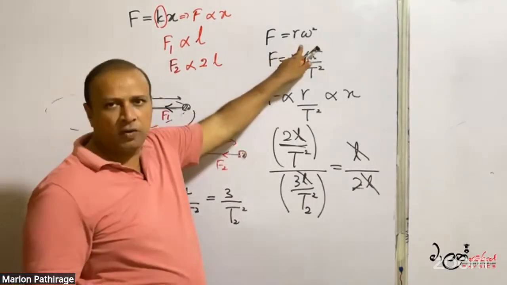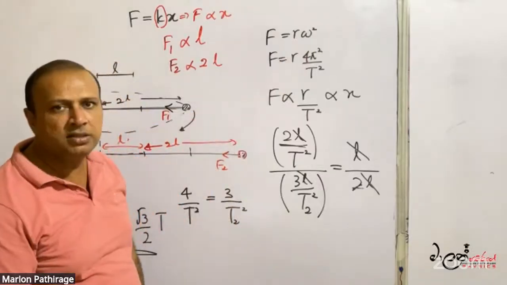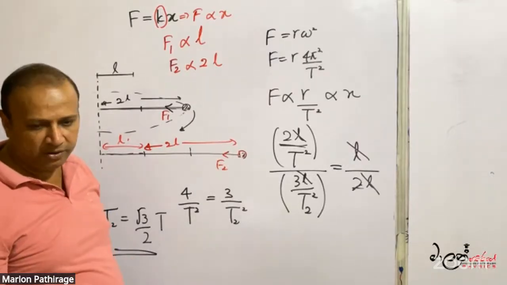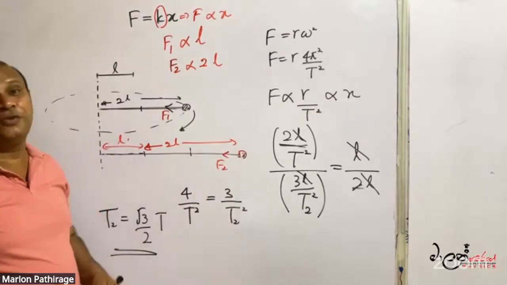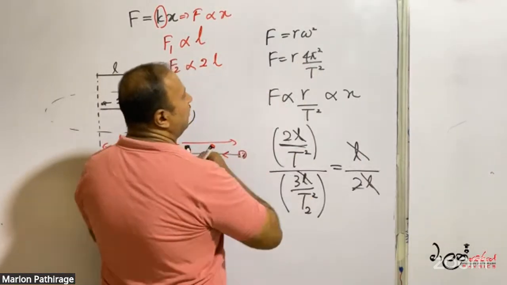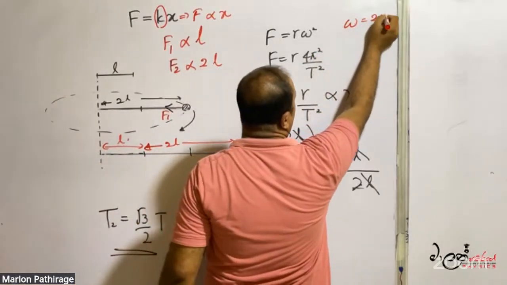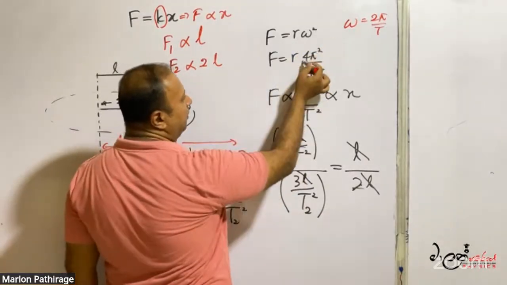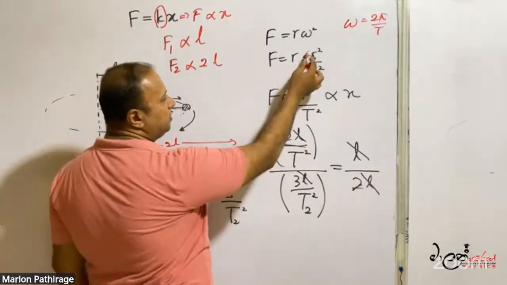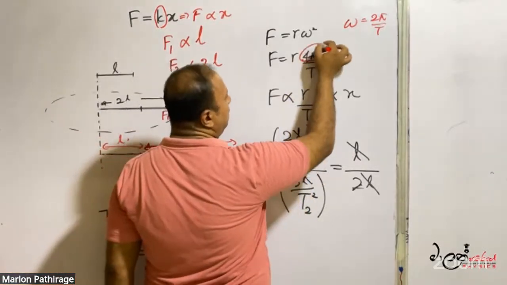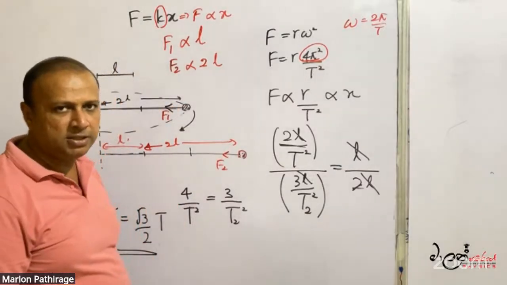Instead of writing omega squared, I can write the square of 2 pi over T, because omega is equal to 2 pi over T. Therefore, 4 pi squared over T squared. This is a constant, so no need to write that.